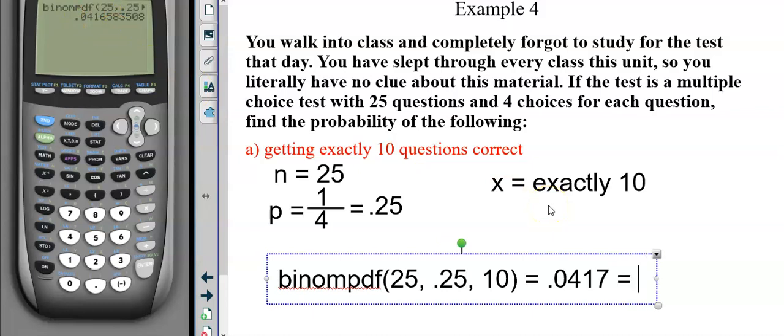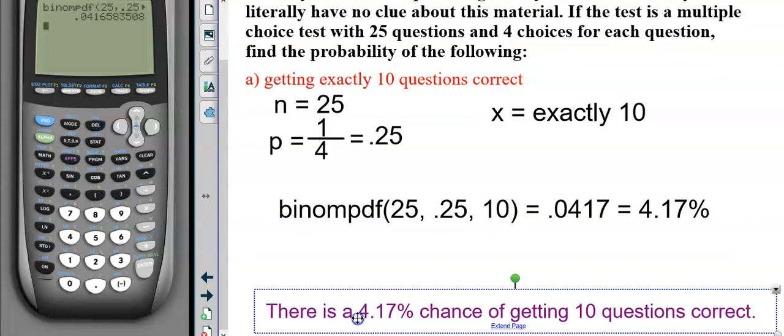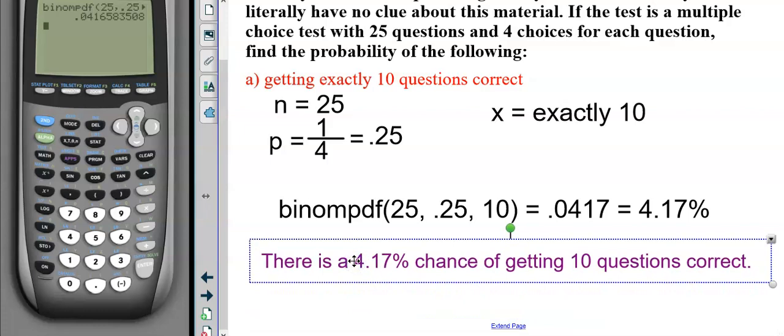So we're going to say that's approximately 4.17%. Remember, move that decimal place over 2 times. So again, exacts would be PDF. And so here, there's a 4.17% chance of getting 10 questions correct.